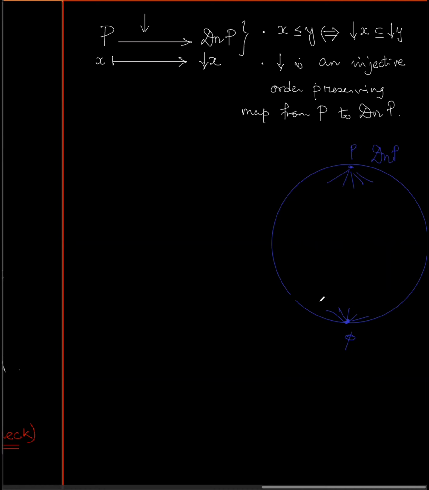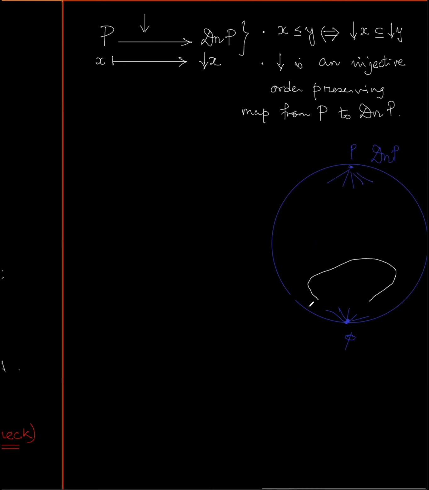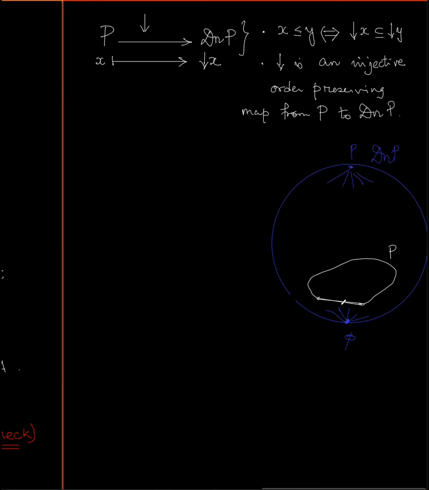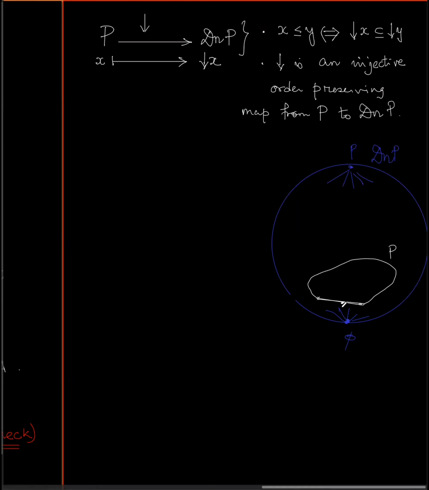So the situation of P is like this. If P happens to have a smallest element, then that becomes the only thing above.